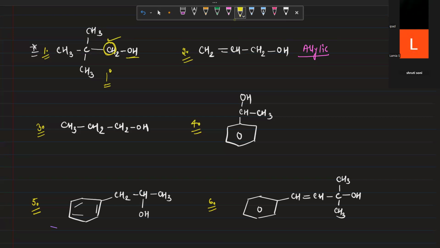Yes, you can also write down that the OH group is attached to a carbon that is directly attached to an alkene or a double bonded carbon. Okay.